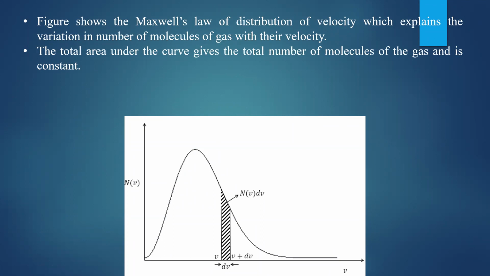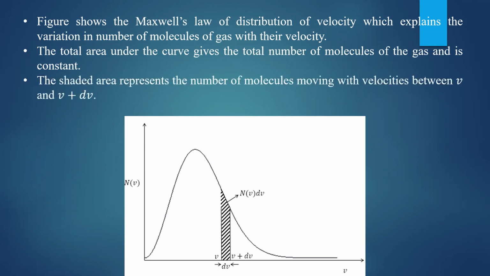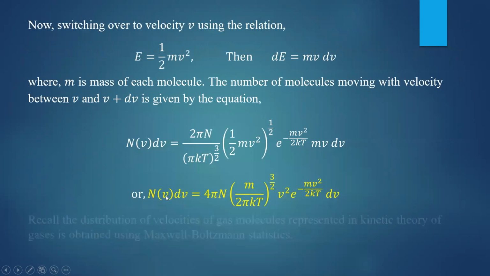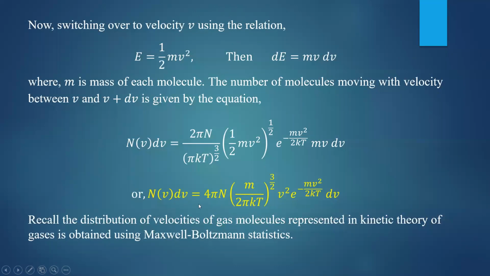We know that the number of particles of the system is conserved. Then the shaded area, if you want to find the number of particles having the velocity between v and v plus dv, you take the area under this shaded part. This will give you the number of molecules moving with velocities between v and v plus dv. And this formula is called Maxwell's law of distribution of velocity.